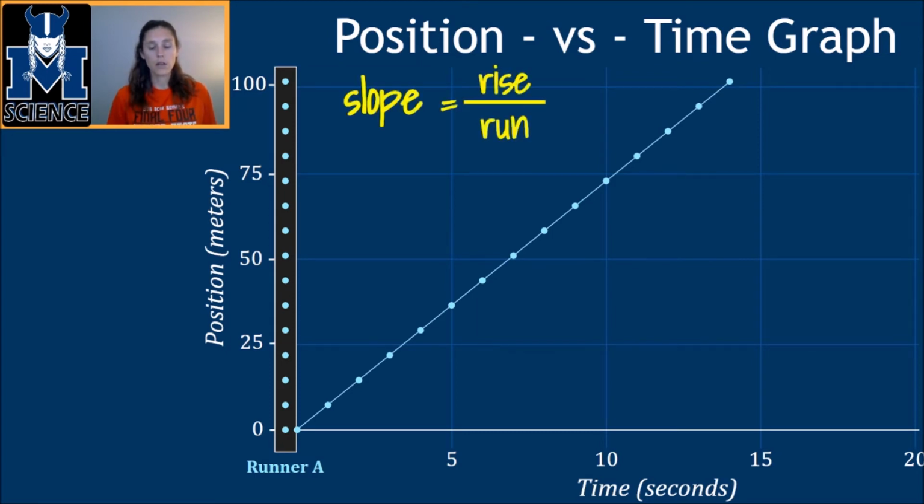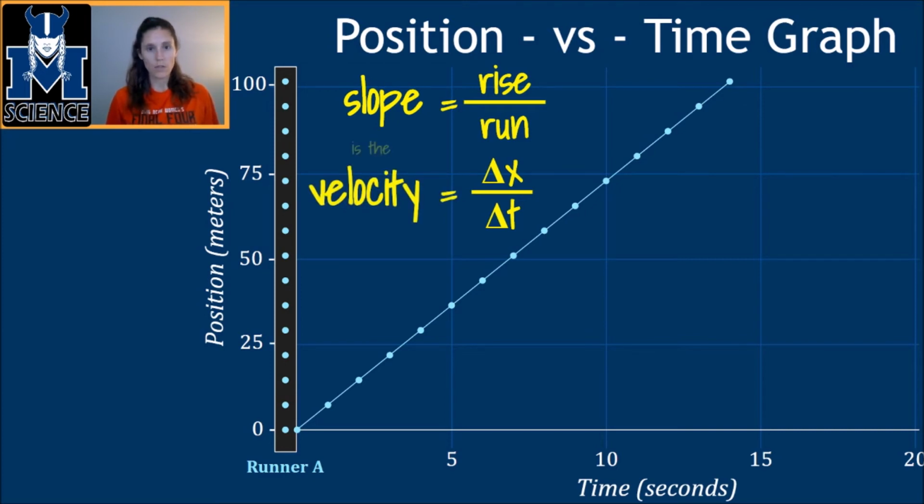We know from math that slope equals rise over run. There's an interesting relationship here: because our position is on the y-axis, that's the rise, and our time is on the x-axis, that's the run. In math terms, we get delta x over delta t, which we have defined as velocity.